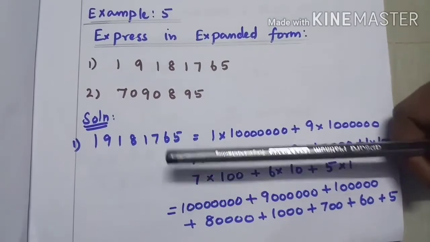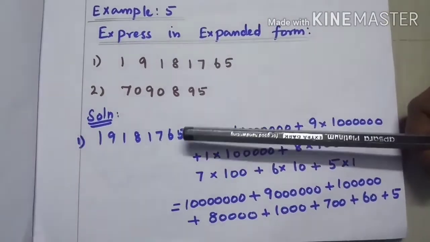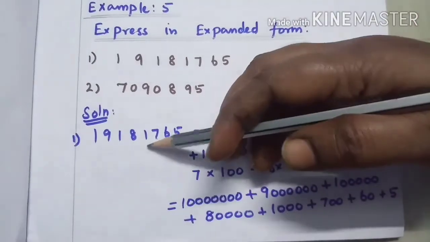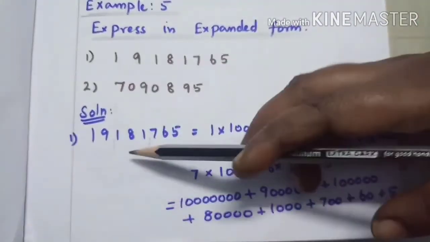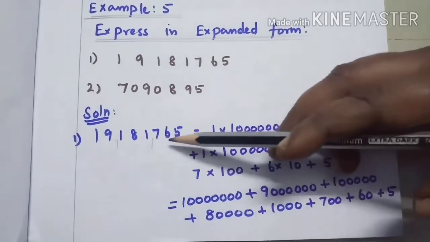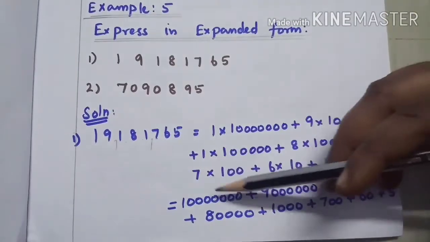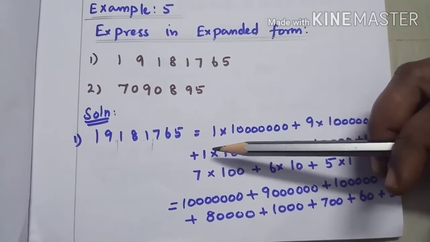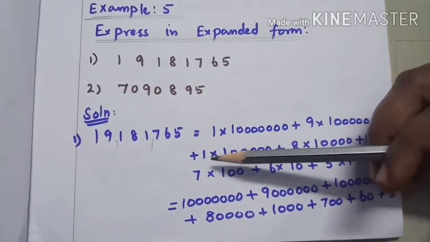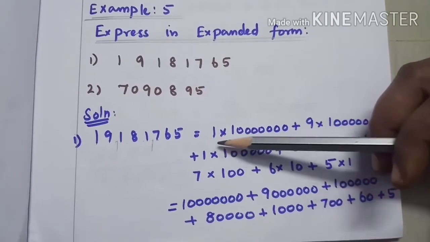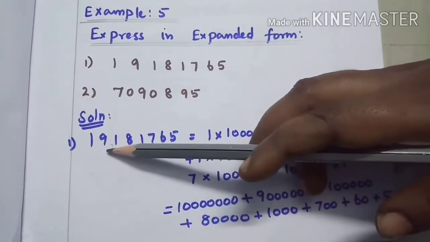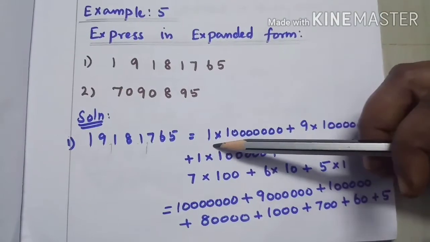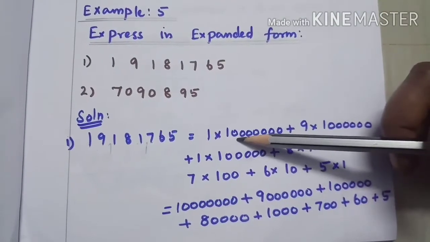So the first solution is, so the given number is 19,181,765. So how we are going to write in the expanded form? That is equal to 1 into, so here 19 million. So 1 into 10,000.